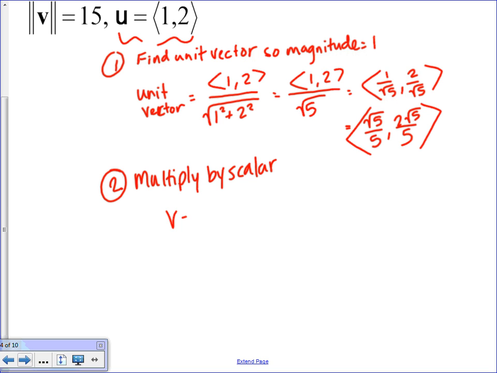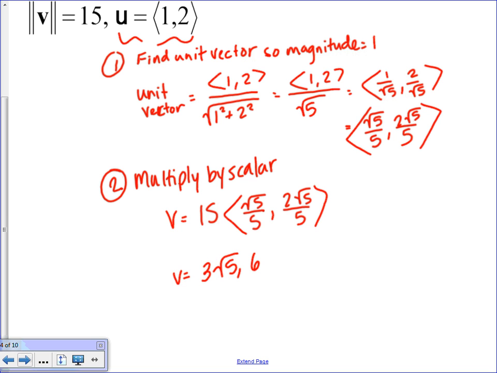So we would say v is equal to 15 times my unit vector, and this one works out fairly nicely. When you distribute the 15, it will divide nicely by 5. And so our new vector should be 3 square root 5 and 3 times 2, so 6 square root 5.